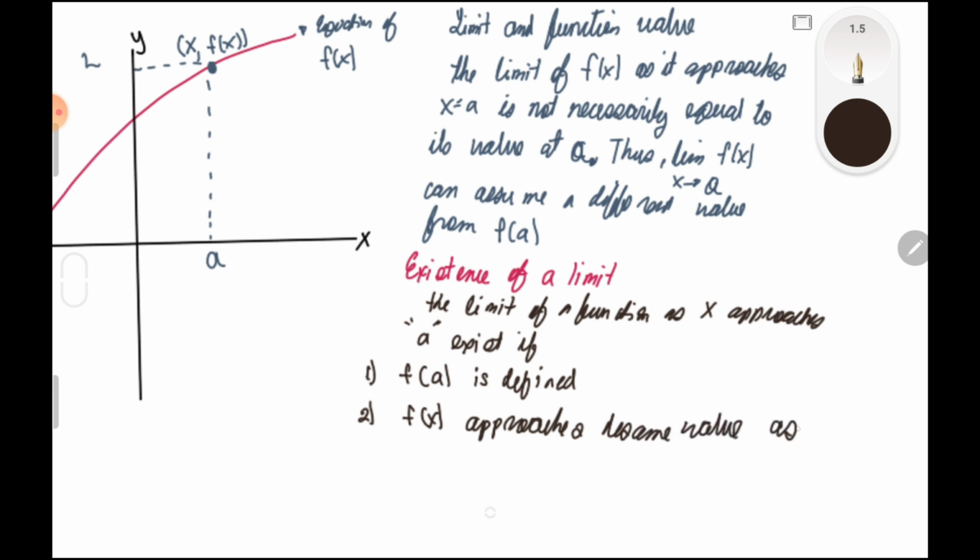Ibig sabihin nun, magko-converge sila. Hindi magda-diverge. Pag nag-diverge yun, so therefore, your conclusion may be undefined or infinite.